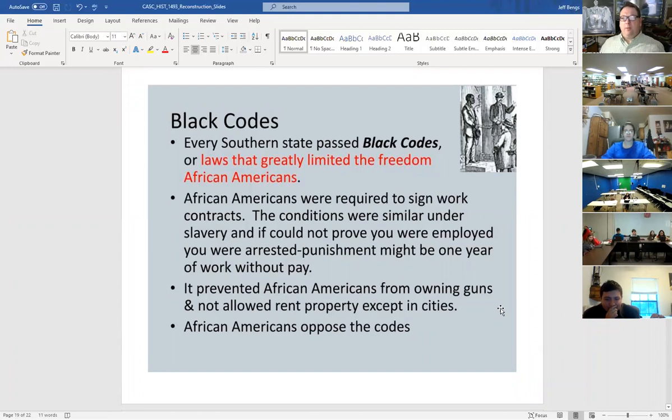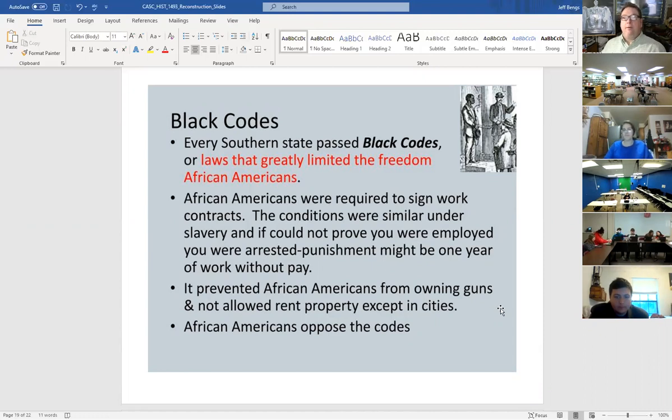You need to be familiar with black codes. Remember, I told you that even though the Civil War ended, the Reconstruction period was really a second Civil War.